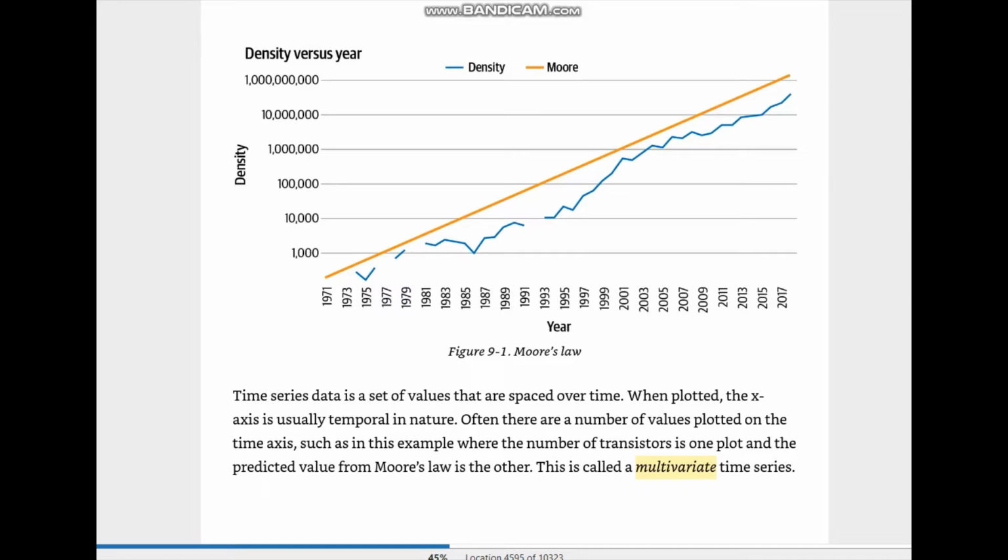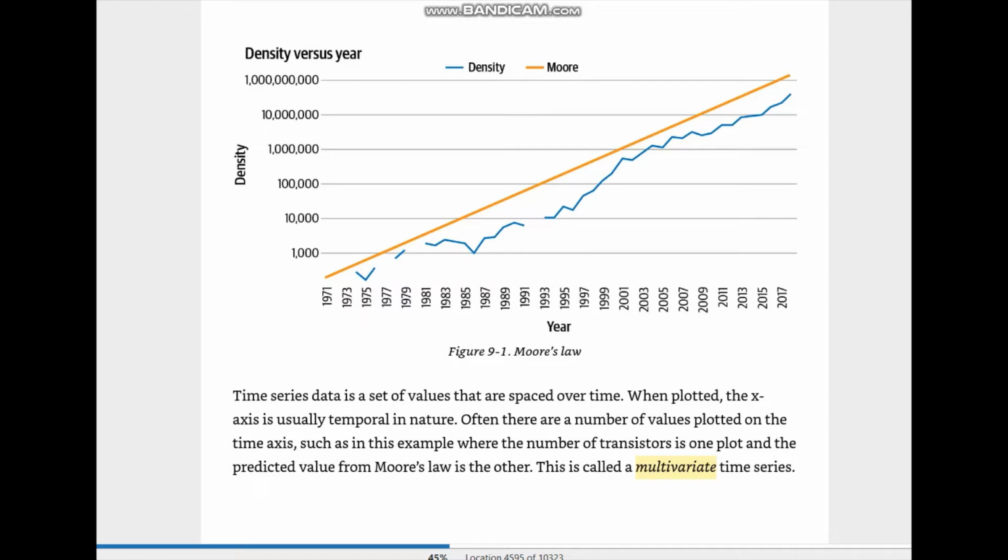The time series data is a set of values that are spaced over time. When plotted, the x-axis is usually temporal in nature. Often there are a number of values plotted on the time axis, such as in this example, there are a number of transistors in one plot and the predicted value of Moore's law in the other, right?